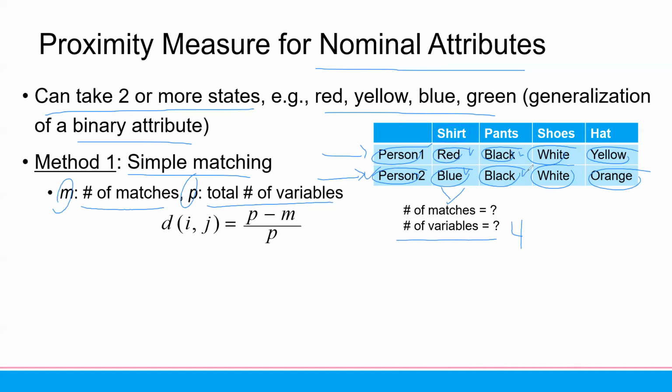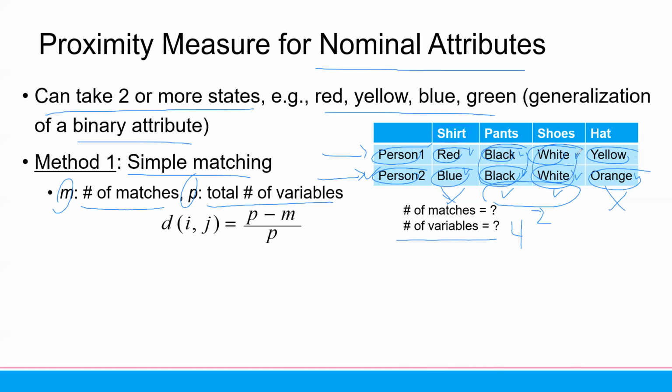Do they match? Yes. White and white. Do they match? Yes. Yellow and orange. Do they match? No. Okay. So 2 variables are matching, because the 2 persons are wearing the same black pants and the same white shoes.